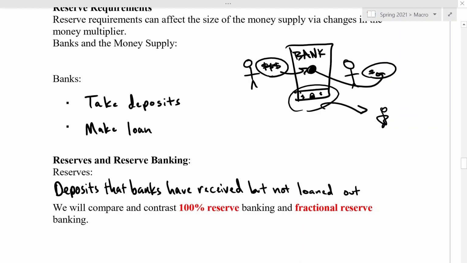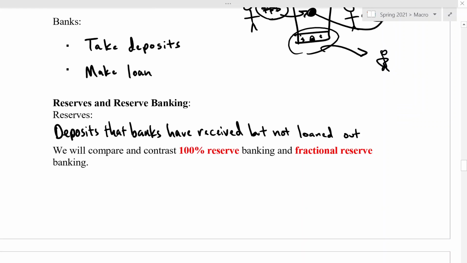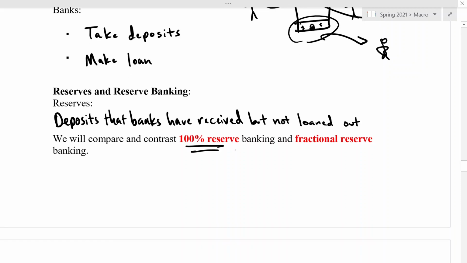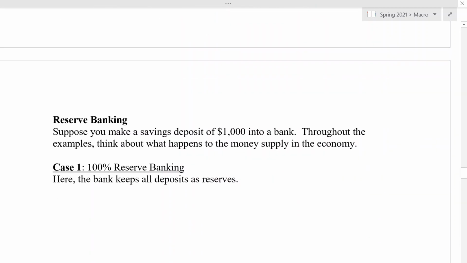All right, so to think about and understand reserve requirements and how that monetary policy tool affects the banking system, we're going to look at two systems: 100% reserve banking, which is not very common, and fractional reserve banking, which we have in the U.S. and many other countries as well.